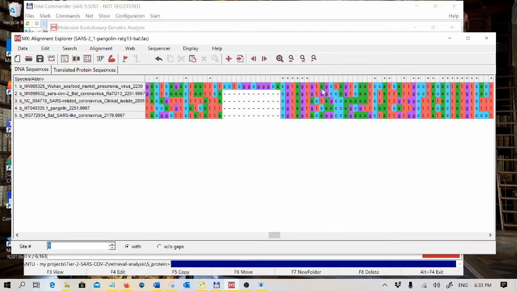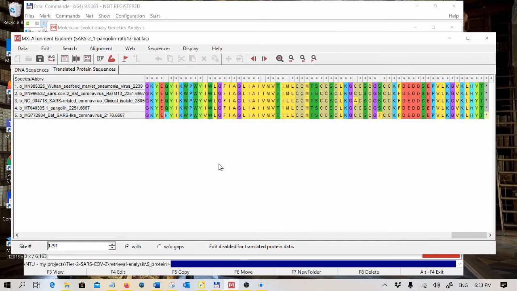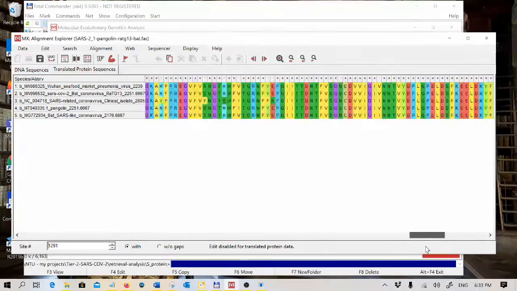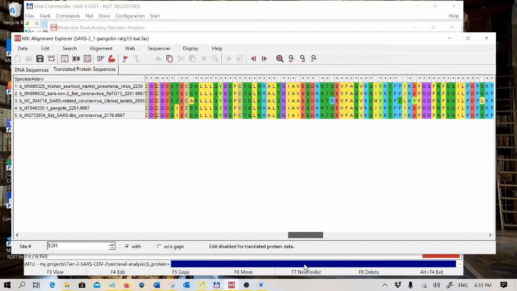So therefore we see quite a variation around here as expected. In quantitative terms, the ratio of synonymous versus non-synonymous substitutions would be on the order of 0.1, which indicates very strong selection in here. And in none of the related species did we observe this. So it means that it's a very important area in the protein.